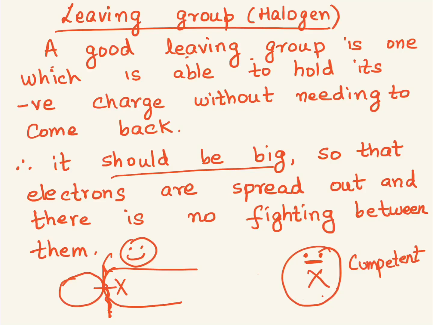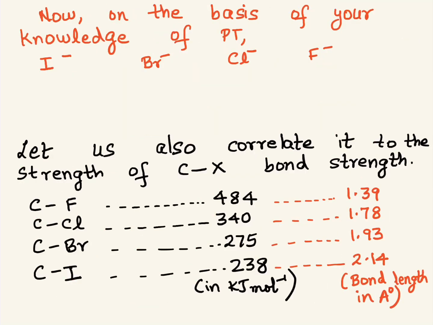So from your knowledge of the halogen atoms, how would you rate the iodide, bromide, chloride and fluoride? On the basis of your periodic table, how would you guess which one of these will leave the carbon atom easily in the alkyl halide?